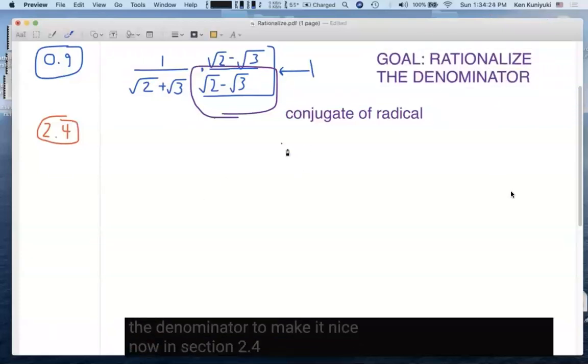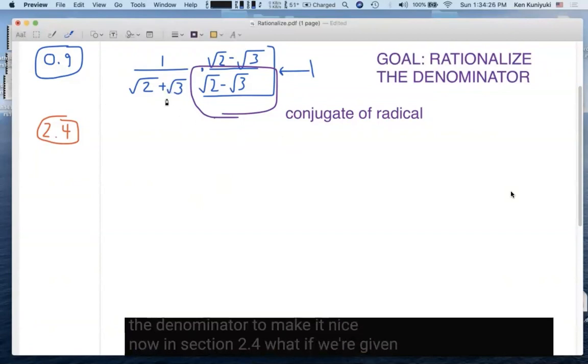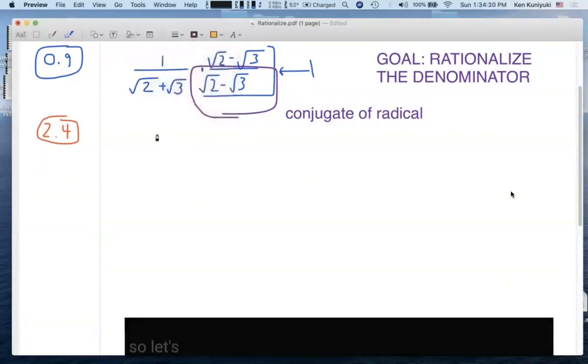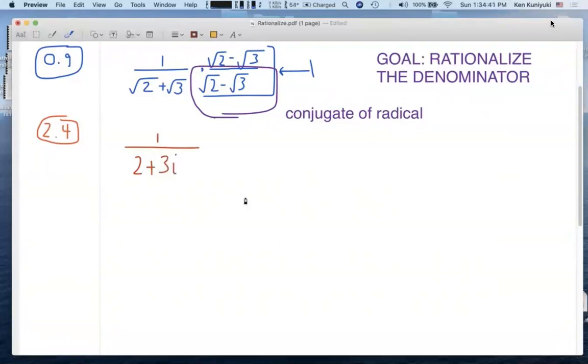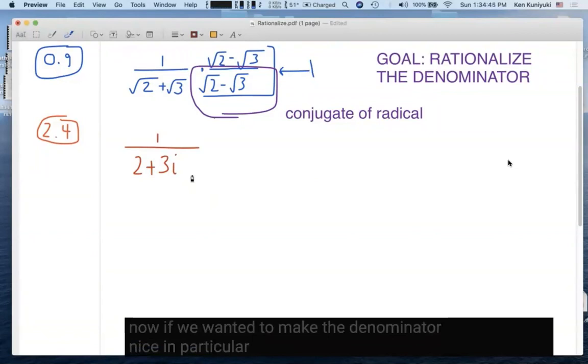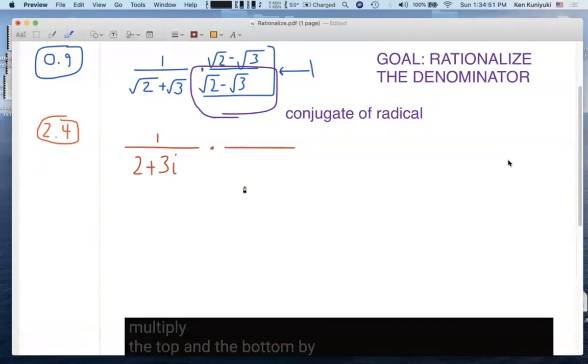Now, in section 2.4, what if we're given an imaginary denominator? Let's say we have 1 over 2 plus 3i. If we wanted to make the denominator nice, in particular real, usually rational, what would we multiply the top and the bottom by?